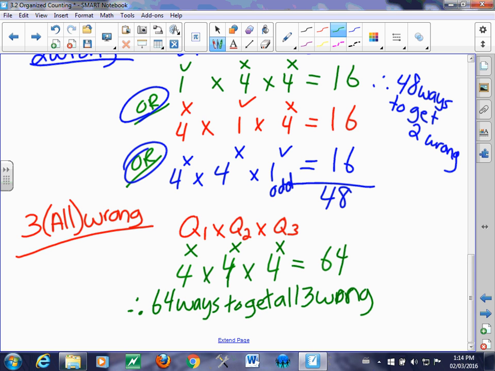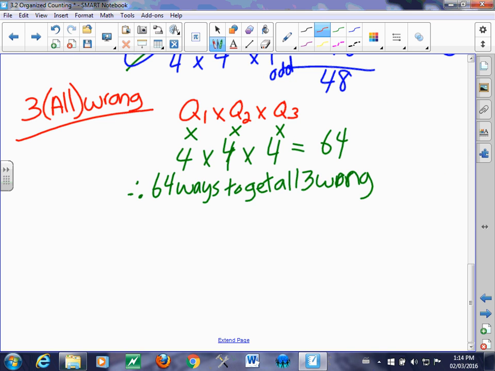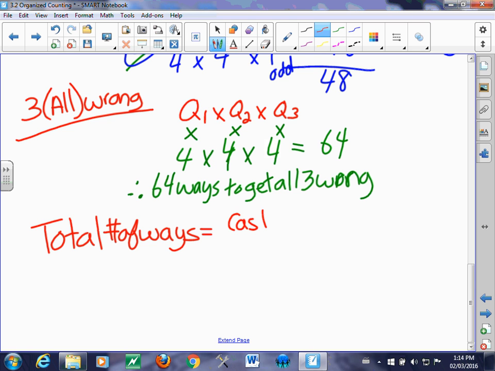All right, so we're almost done. Now we have to total everything up. So total number of ways equals case 1, that's with 1 wrong, plus case 2, which is getting 2 wrong, plus case 3, which is getting all 3 wrong.